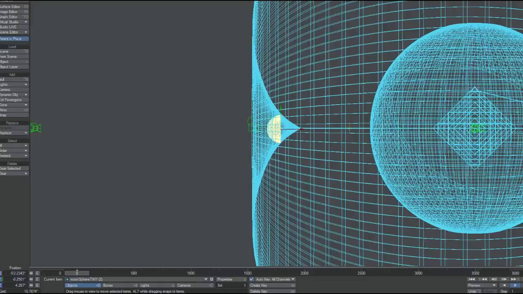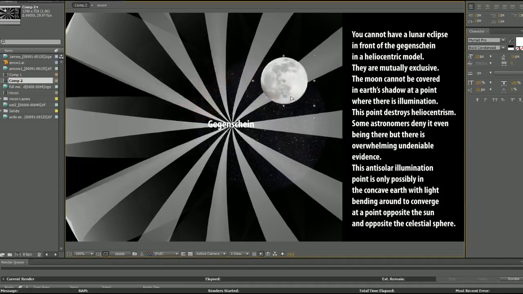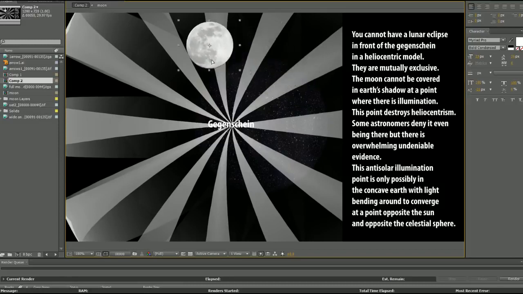And let's go back here in After Effects and play with the moon. So you take this moon and you can move it around. See, when it's not orange like that, it's inside the apple of illumination.